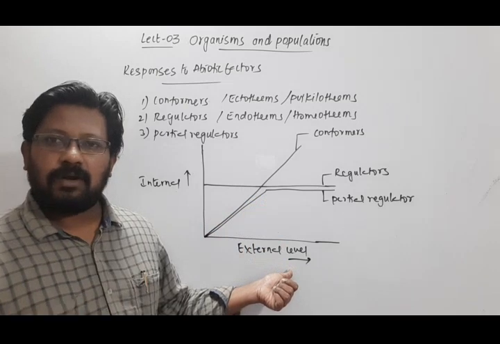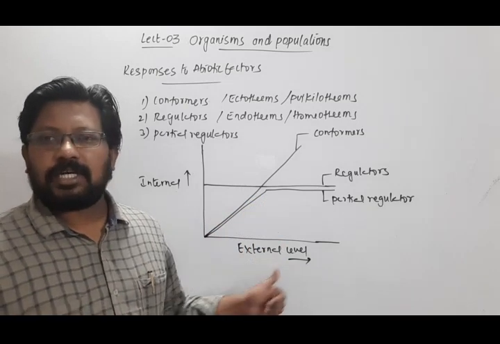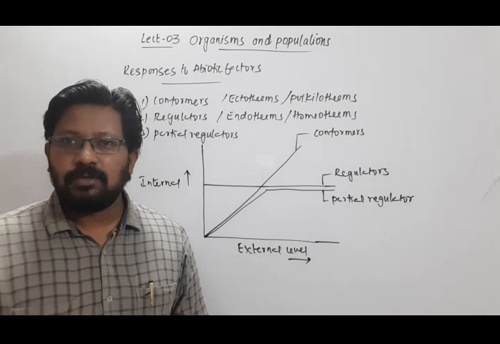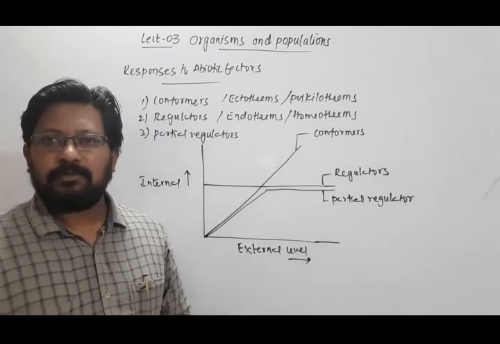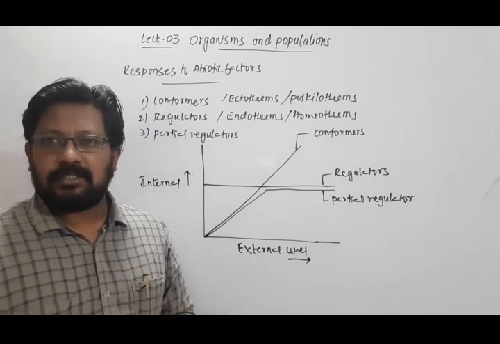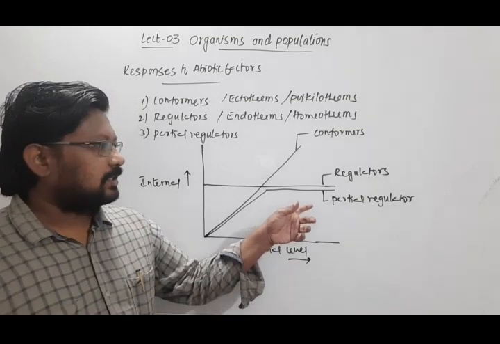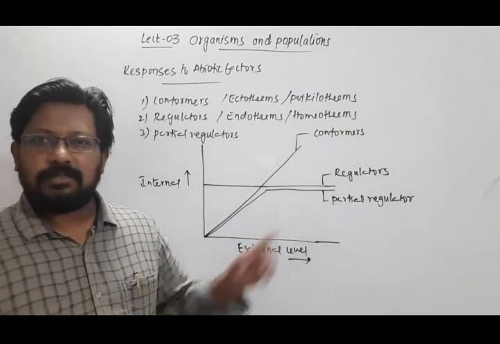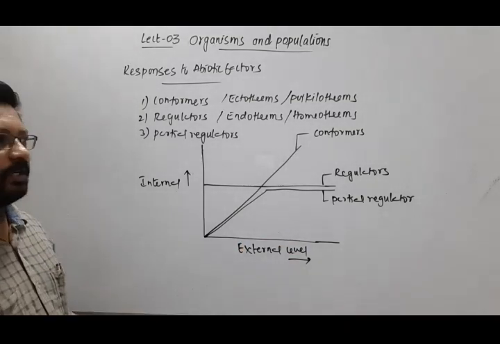If it is beyond that, then it starts trying to cool down its body and maintain a constant environment. So that's the reason why we call them partial regulators.